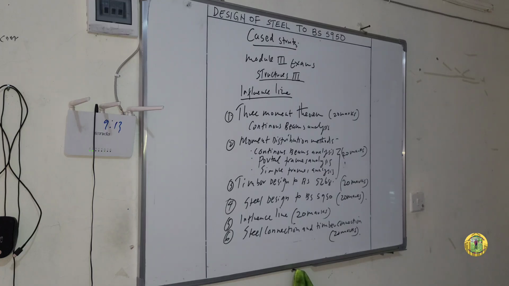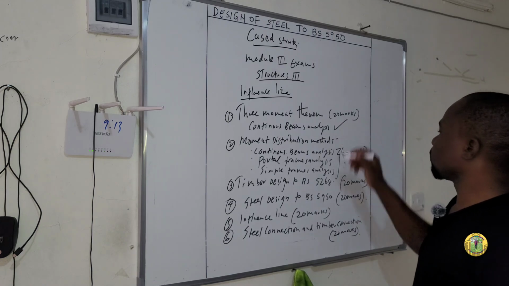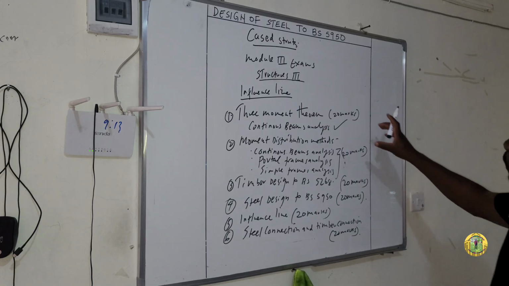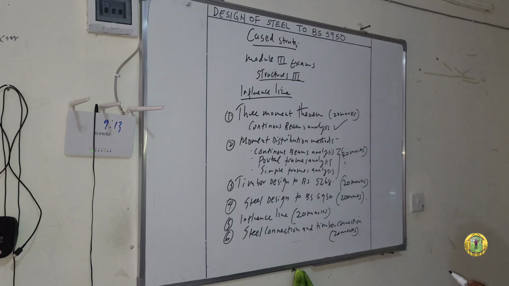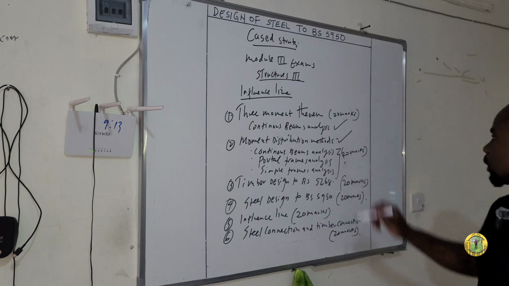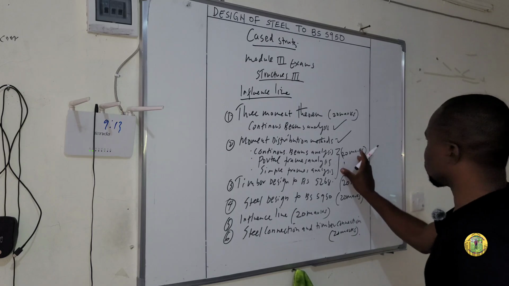For example, the three-moment theorem will always come in your exams, so you can work on this. Again, moment distribution is a must. It will come, and this one carries 20 marks.